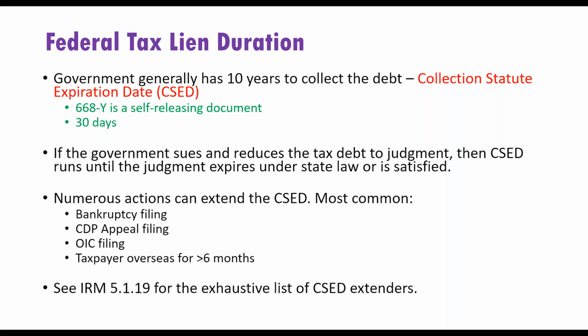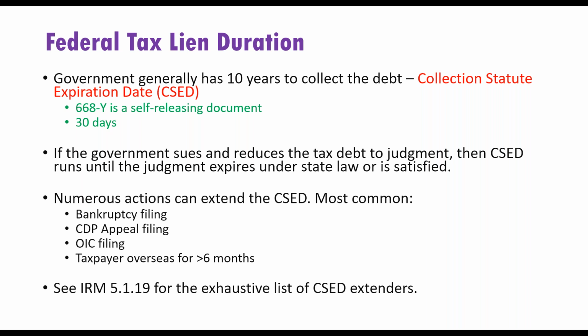If the IRS does file the Notice of Federal Tax Lien to put it on public record, that is a self-releasing document. So it's got a date on it, and 30 days after that date, the lien self-releases.